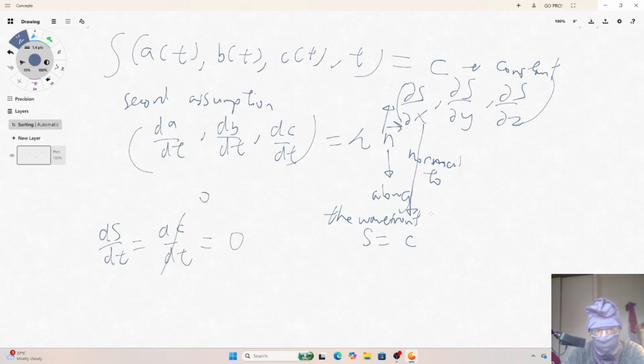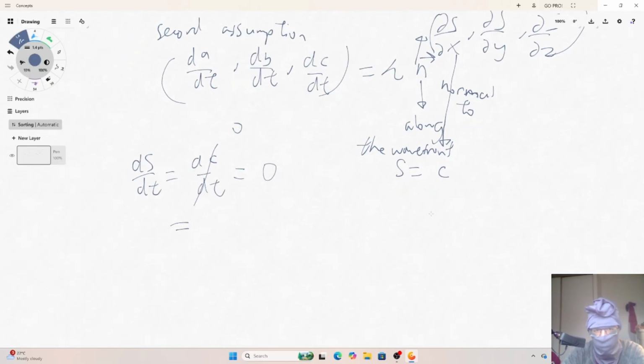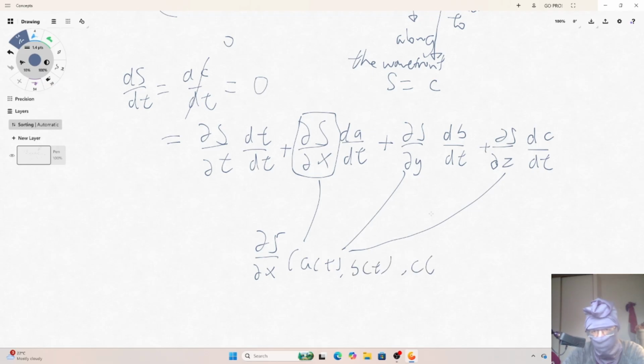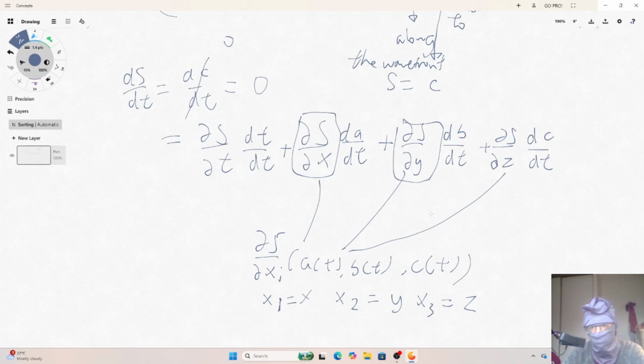Since this is a constant equal to 0, and by the chain rule of partial derivatives, these three are symbolic to say that we want to take the partials at A, B, C. This is what we mean by the partial derivatives.